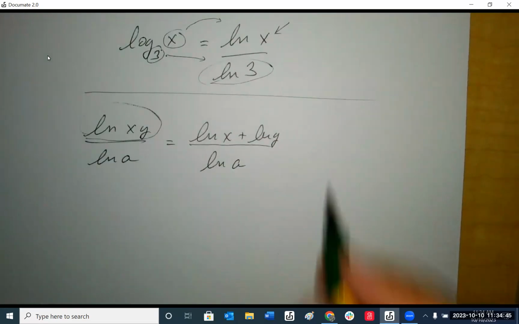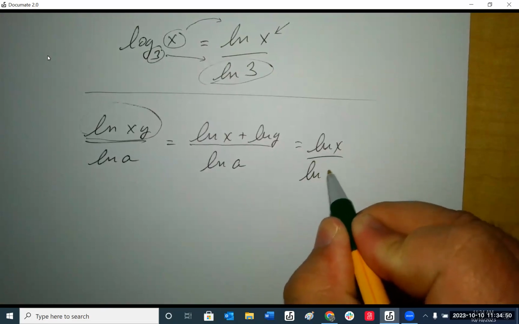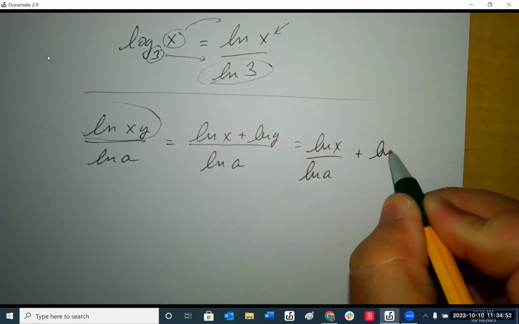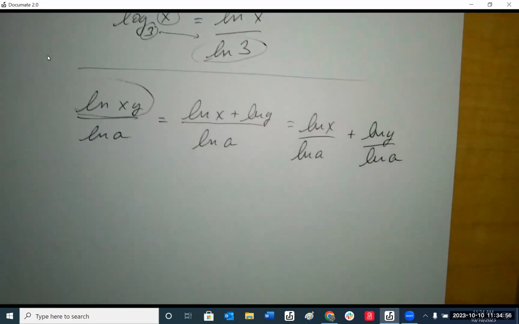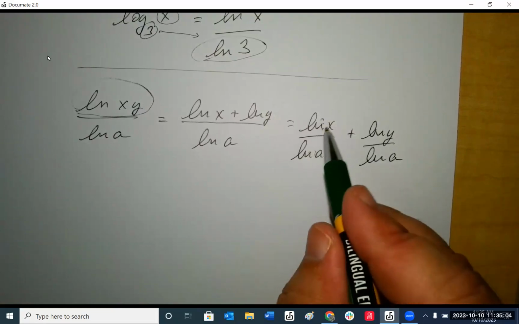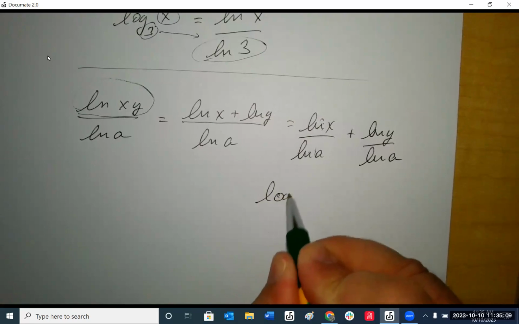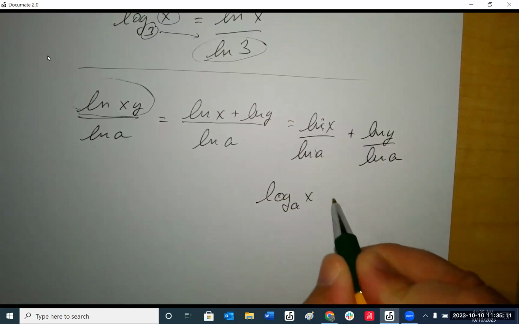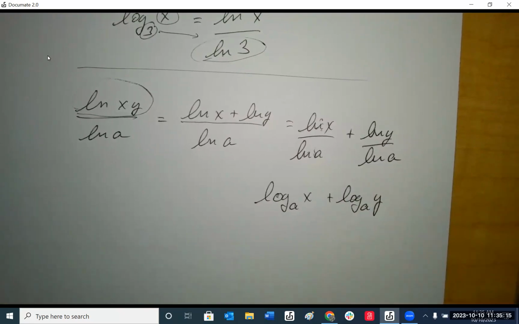Because now we can split them up. Because now this function here is actually log base a of x plus log base a of y.